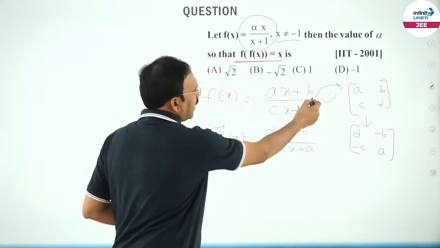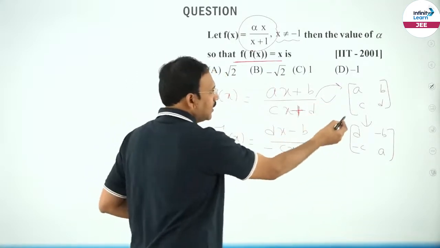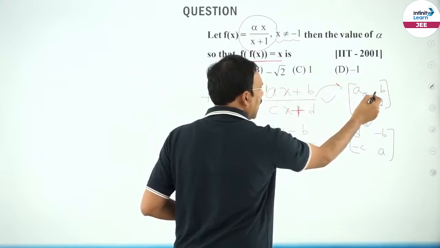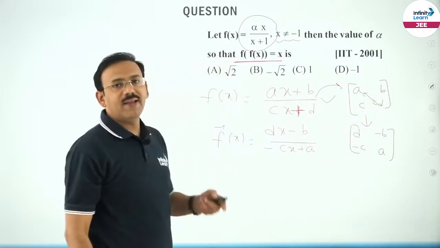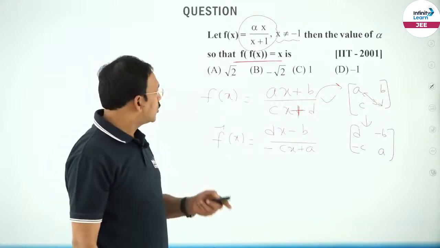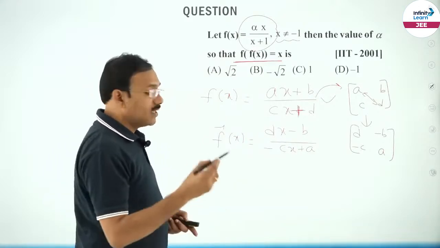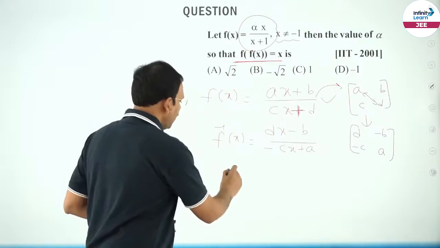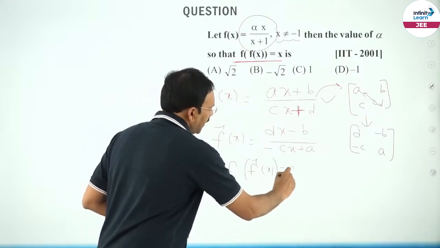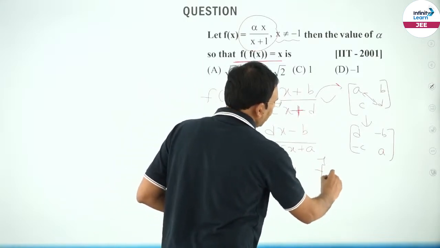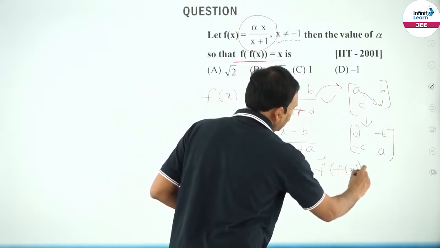Or else write a, b, c, d like a matrix, interchange these two and change the sign of b and c. So (dx minus b) by (minus cx plus a). Another point, if this is f inverse, f of f inverse of x will become x and f inverse of f of x will also become x, you know this property.